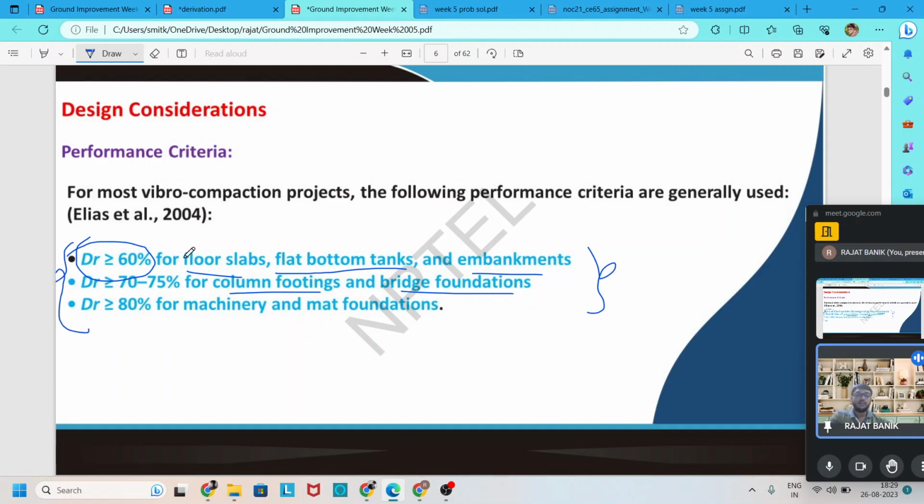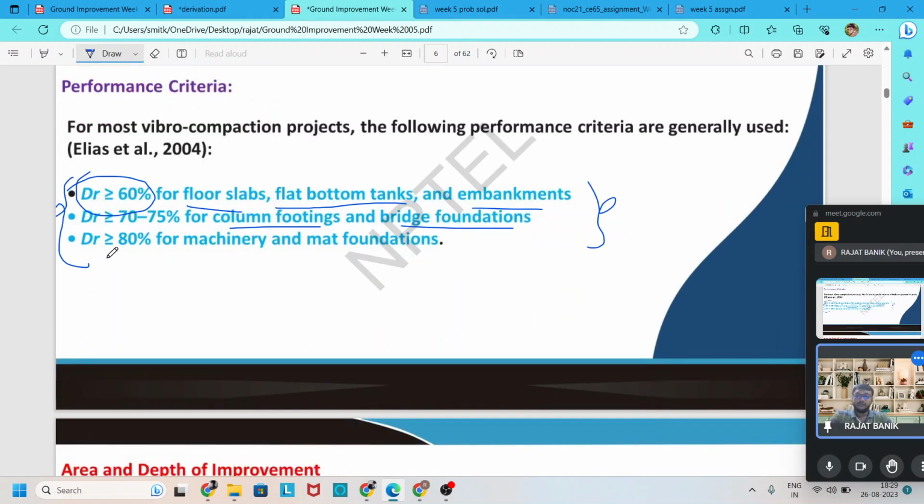For less relative density, the applied energy should be less, and for higher relative density, more energy should be applied to the ground. That means if we apply a relative density of 80%, more vibration is created and more energy is applied to the ground.